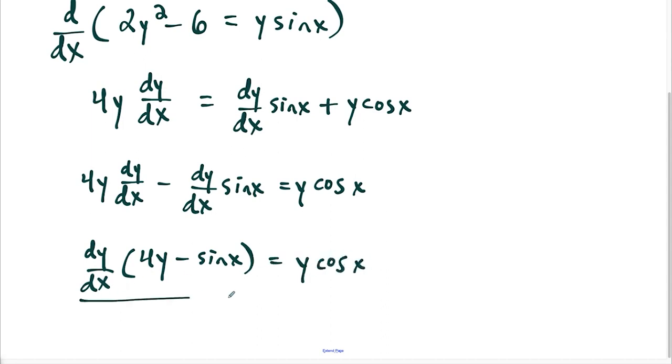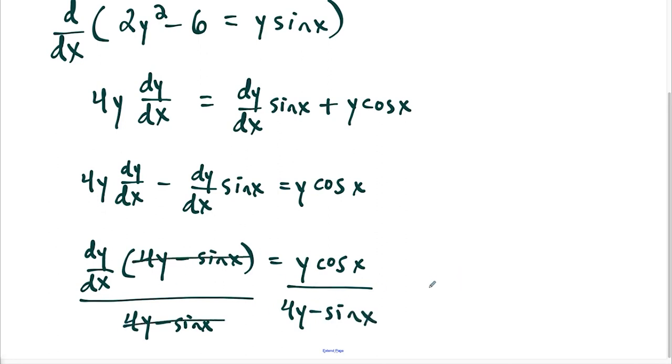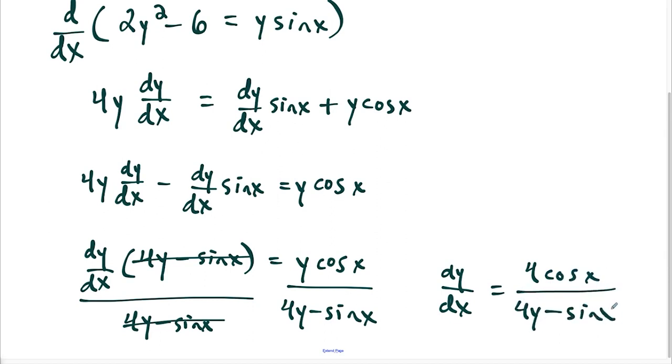So the last thing to do here is just divide both sides by 4y minus sine x. So these factors cancel out, and we're going to have dy/dx is equal to y cosine x over 4y minus sine x.